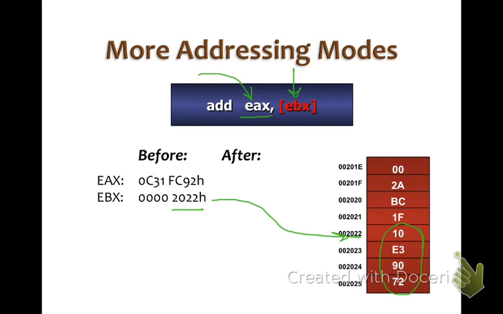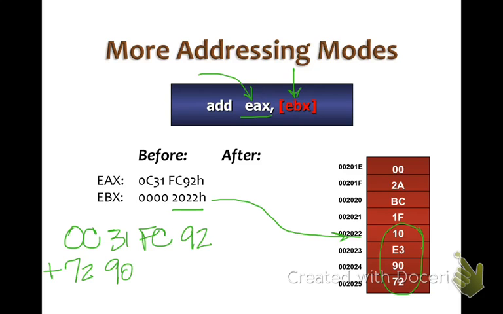Let's do the addition. So I've got 0C31FC92. Now here, we have to remember that we're reading this as a multi-byte scalar value that's been stored in memory. So when I pull this out, I'm actually going to say I'm adding 7290E310.